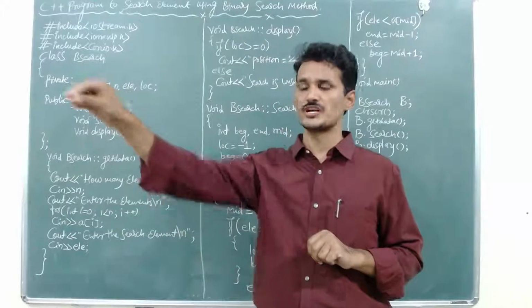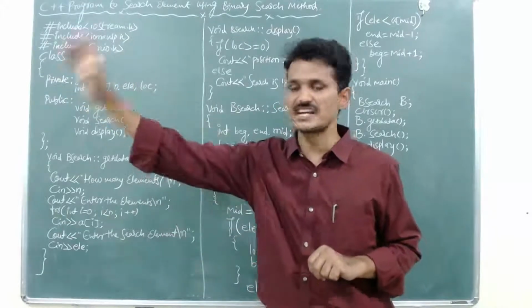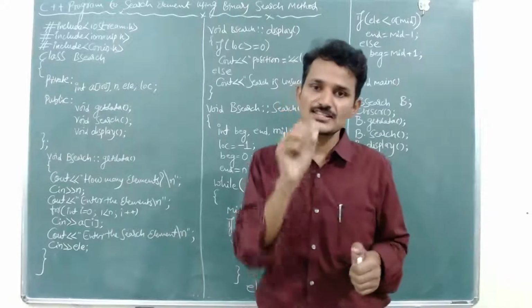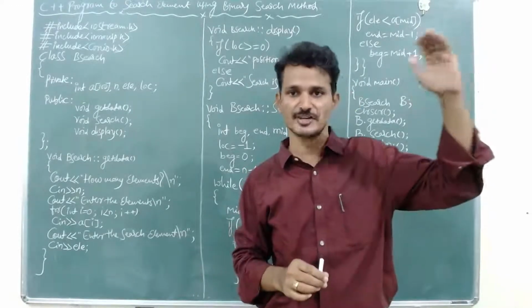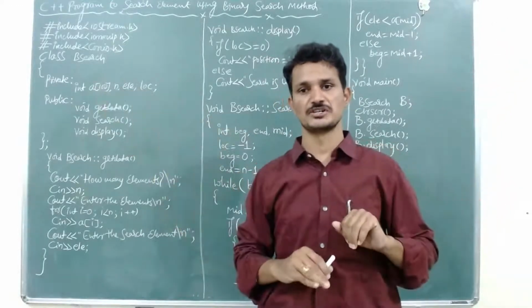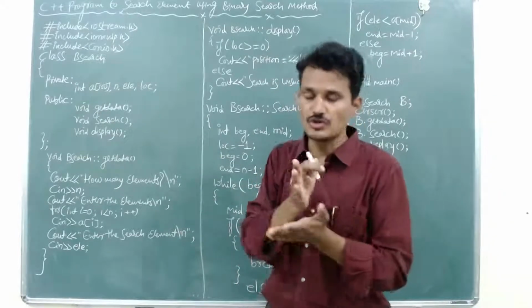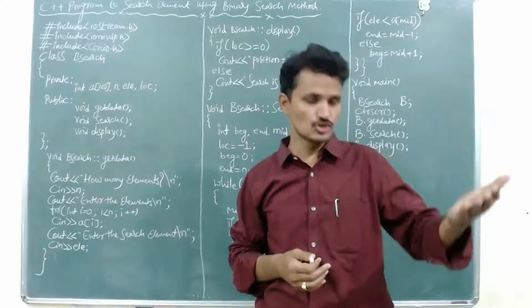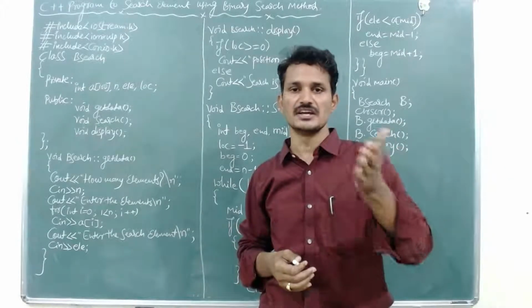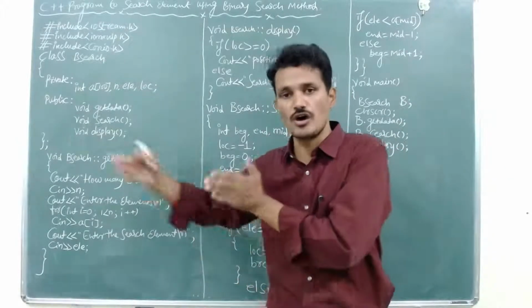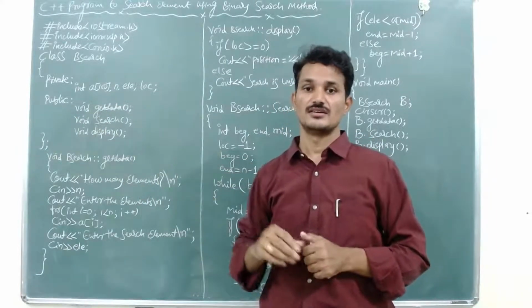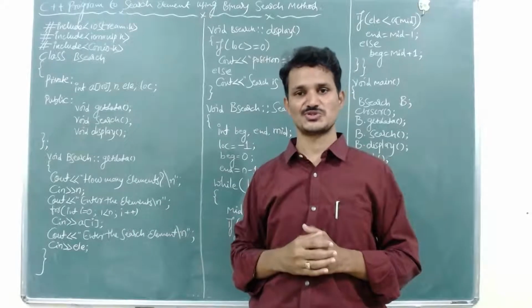In linear search, it has to make comparisons right from the first location to the last location. We cannot go directly to the A of 49th location. One has to visit A of 0, then A of 1, A of 2, A of 3, and so on up to A of 49.